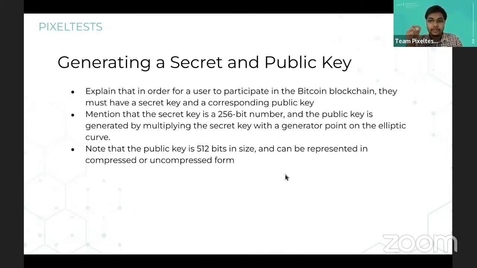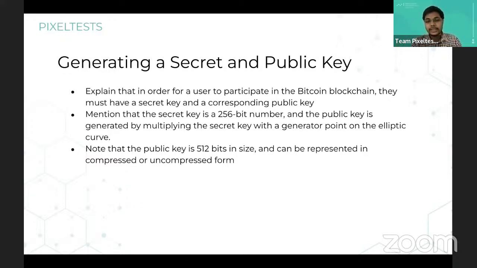Now what happens is, if you have a secret key which is a 256-bit number, you can get the public key by multiplying the secret key with something called the generator point on the elliptic curve, right?